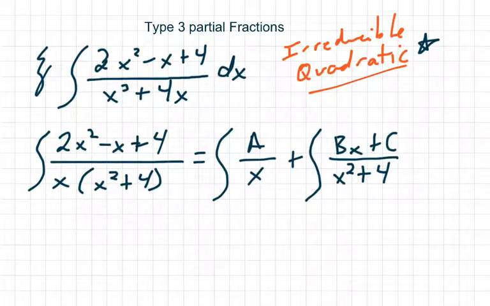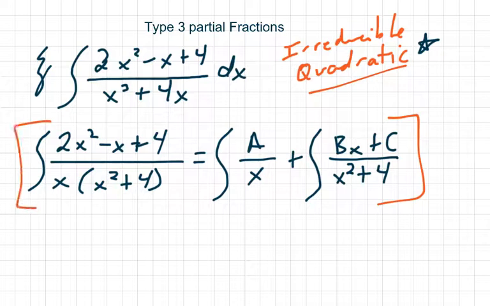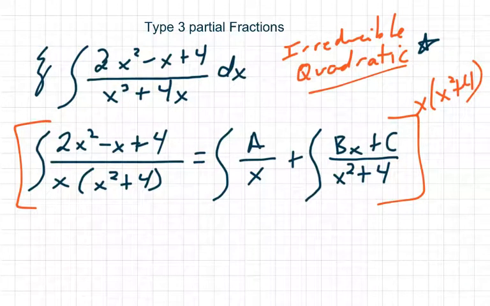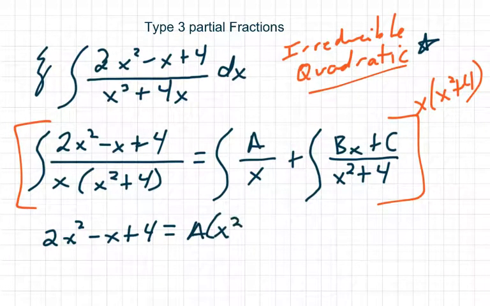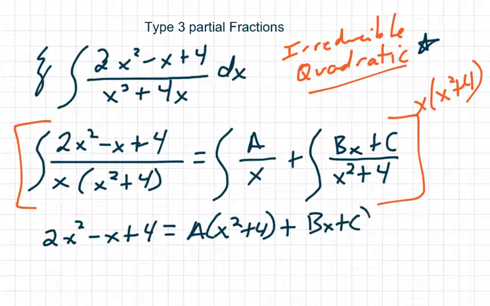Okay, so let's go and multiply everything by our common denominator again. Nothing else changes, so x squared plus 4 cancels everything out. I get 2x squared minus x plus 4 is equal to A times x squared plus 4, plus Bx plus C, which is a binomial, times x.